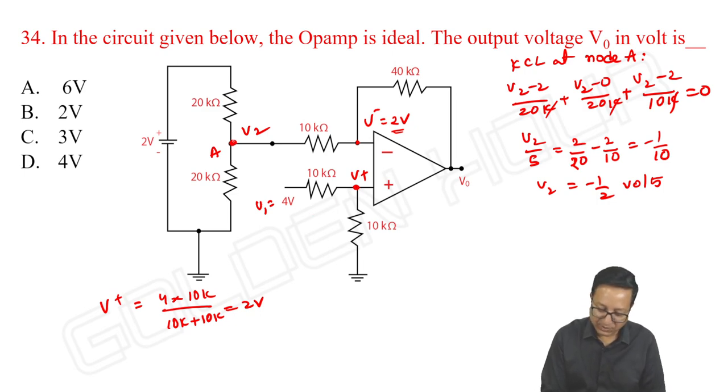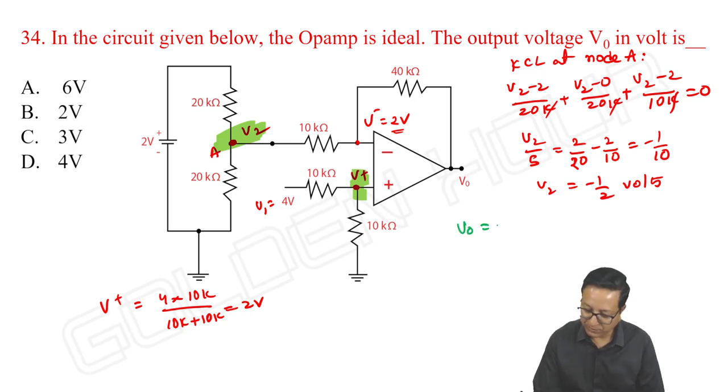V2 we got. Once you know this voltage and this voltage, we know how to write the output, keeping these voltages in mind. If I know this voltage and this voltage, then I can write the output.